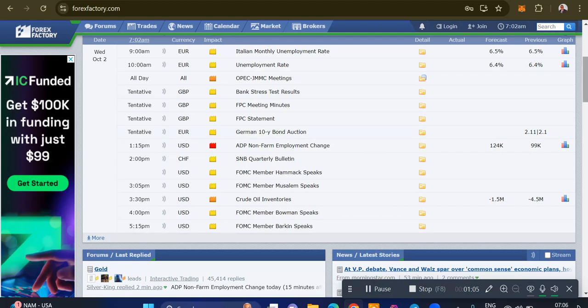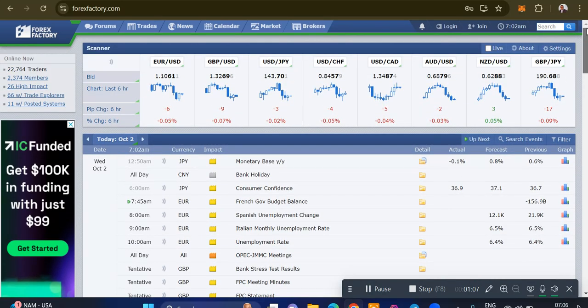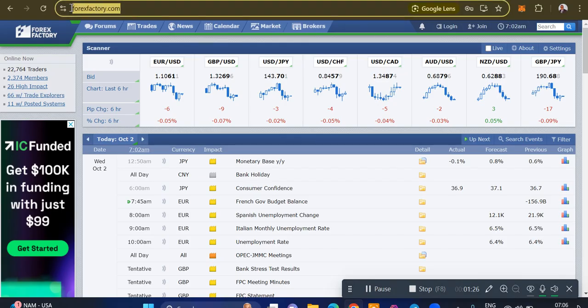There are several places to go to check out these fundamentals. We call them fundamentals. These are news releases and economic events that happen within an economy that determine the exchange rate or the pricing.